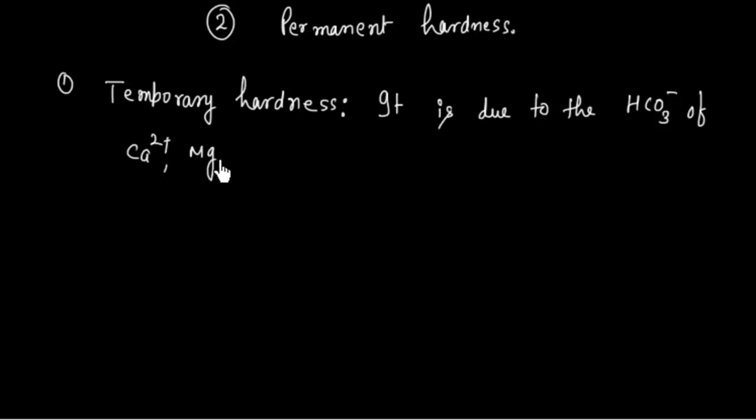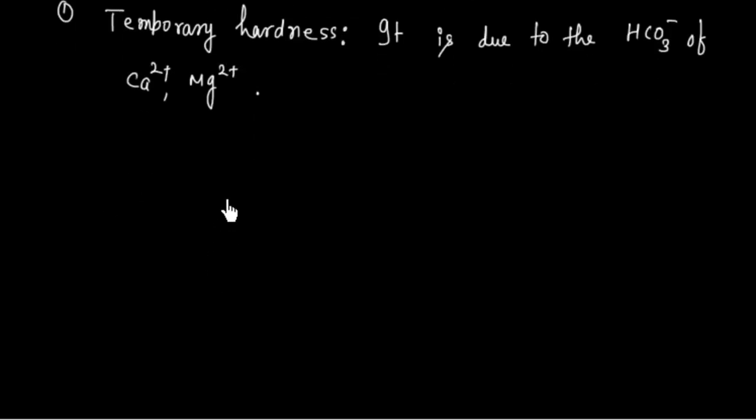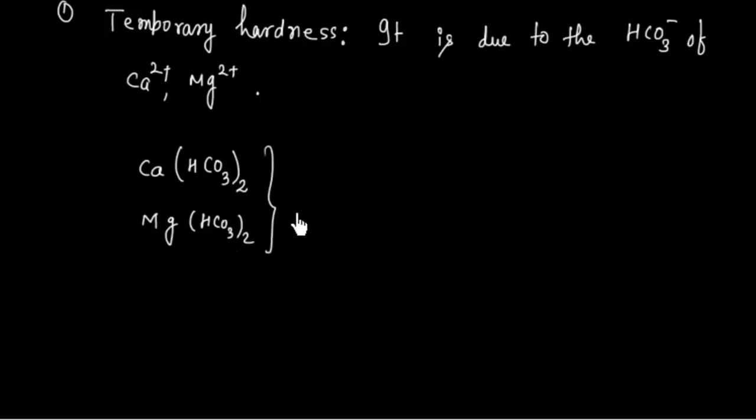You can have any multivalent cation, but for our purpose we are only discussing Ca2 plus and Mg2 plus. So if my water contains calcium bicarbonate, water is temporarily hard. If it contains Mg(HCO3)2, water is temporarily hard. That is the cause of temporary hardness.